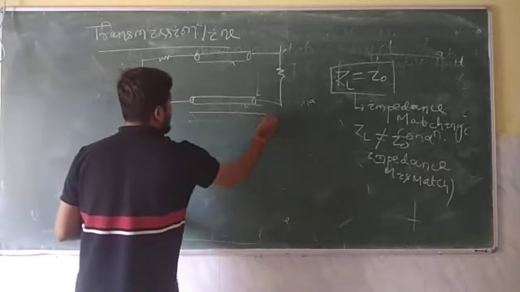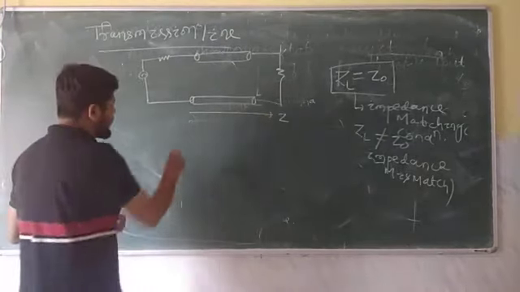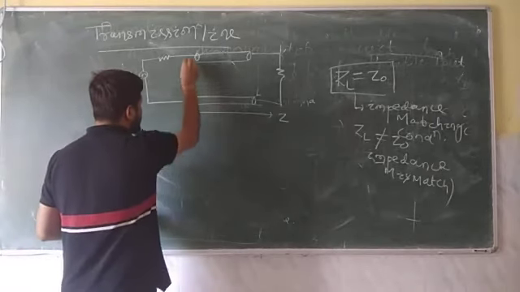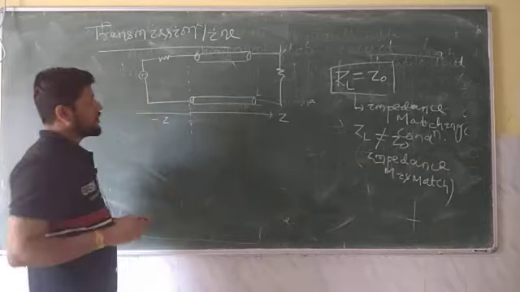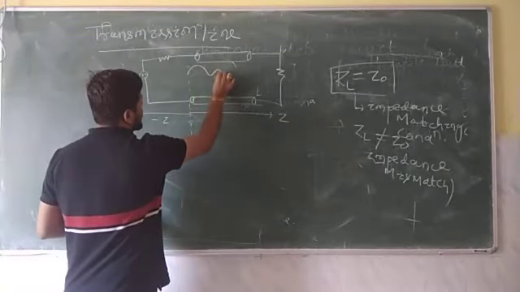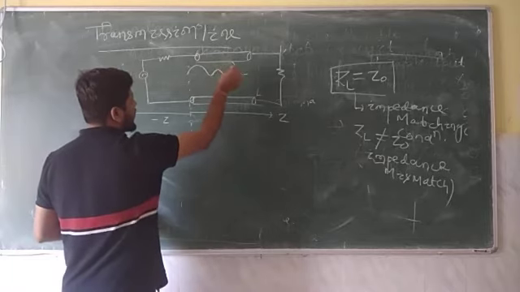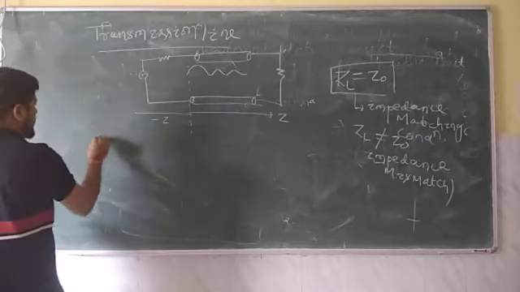If this direction is the Z direction, obviously this is your minus Z direction. So the wave is always decaying in nature, and that decaying nature is always represented as e to the power minus gamma Z. I have already explained this.